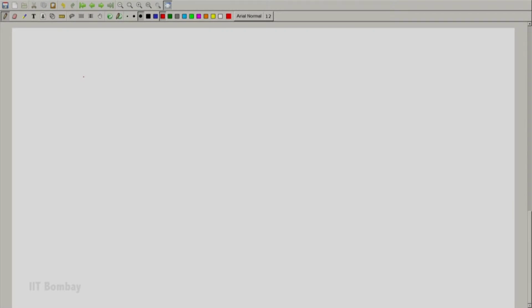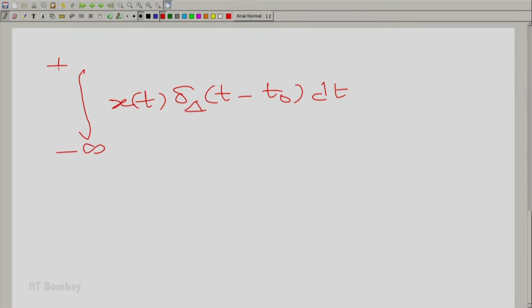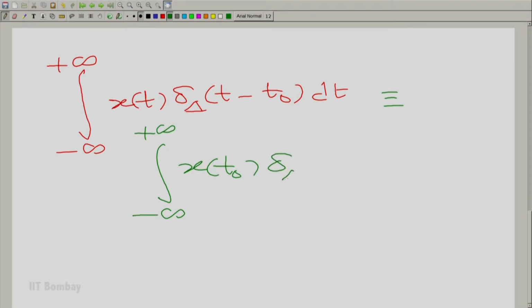What we are saying is the integral of x of t times delta capital delta t minus t0 dt over all t is the same as the integral from minus infinity to plus infinity of x of t0 times delta capital delta t minus t0 dt, but x of t0 is a constant.